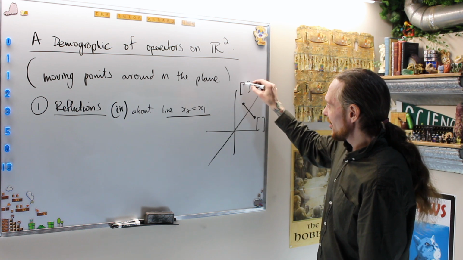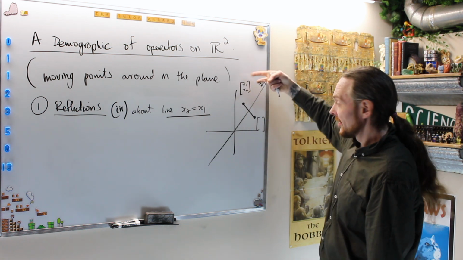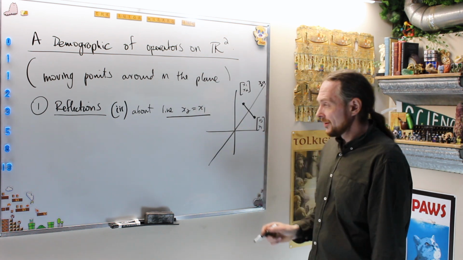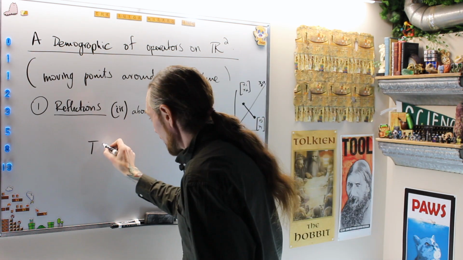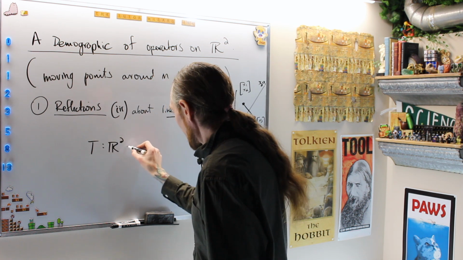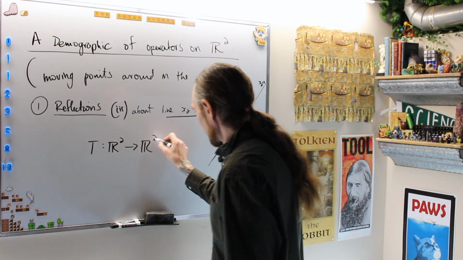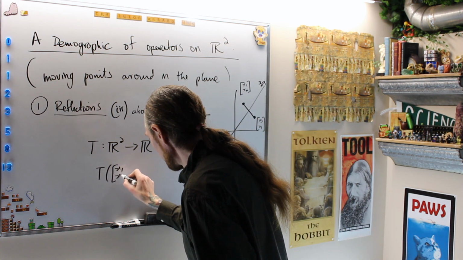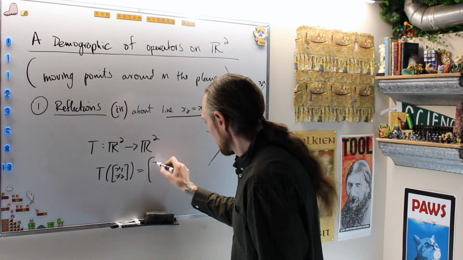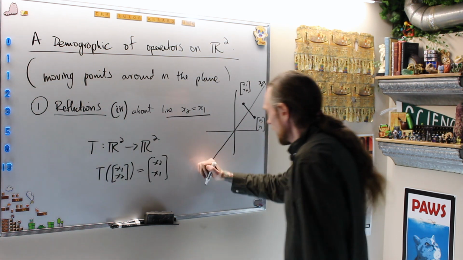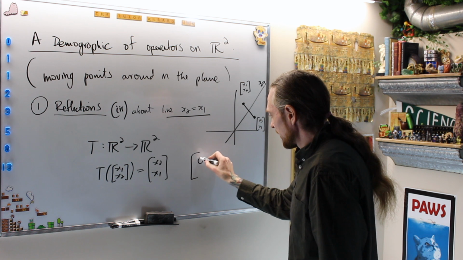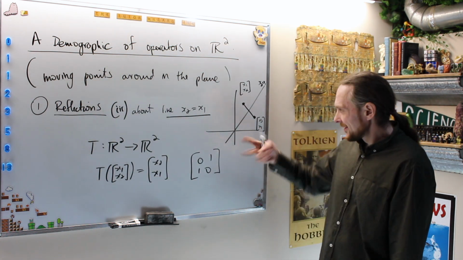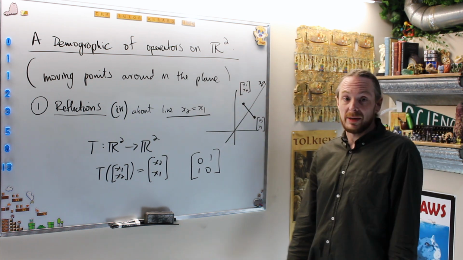If I have a point (a, b) or x1, x2, where does it send it? (b, a) or x2, x1. This is the one we just did in the example. What does that give me? The operator reflection about the line x2 equals x1 is the operator from R2 to R2, which gives me T of x1, x2 equals x2, x1. And we saw that the standard matrix is 0, 1, 1, 0. So it's not complex conjugation, but it does reflect. It does a similar process to what complex conjugation does.